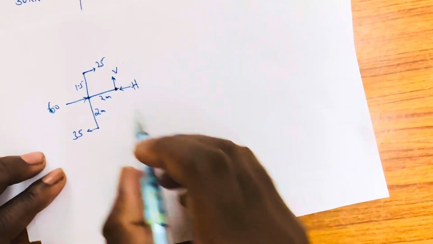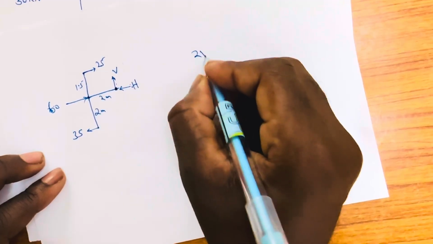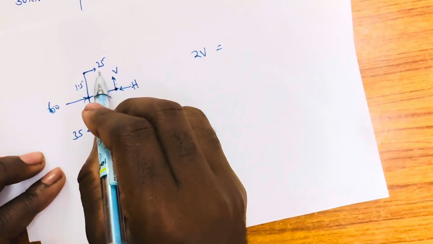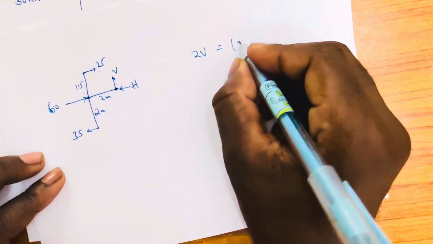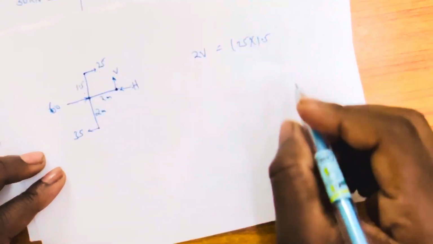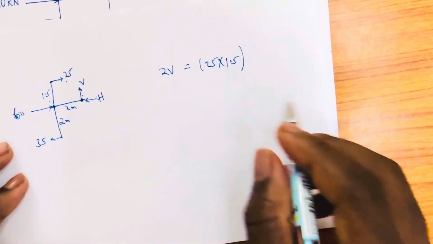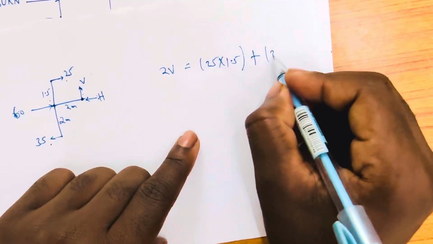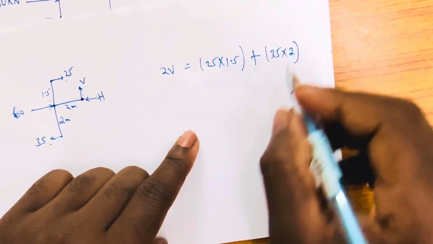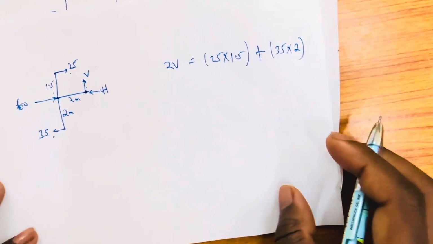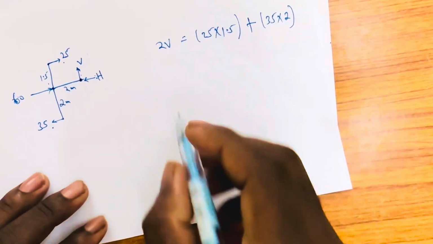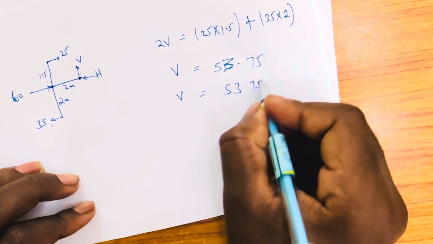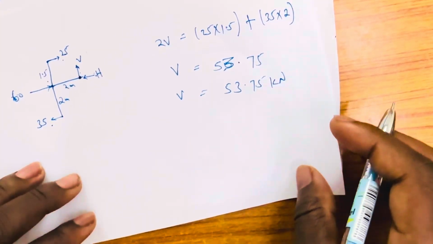So V times 2 is 2V, anti-clockwise, equals the clockwise: 25 times 1.5, plus this one, 35 times 2. If you press this, you come to an answer of V, 53.75 in kilonewton. So that's the value of V.